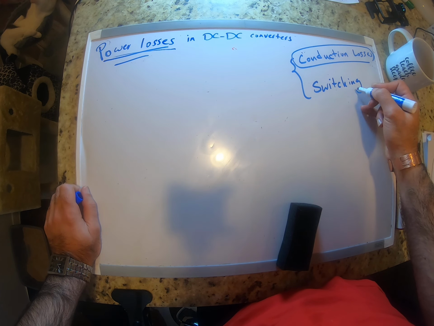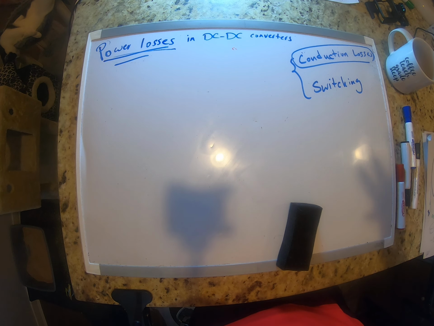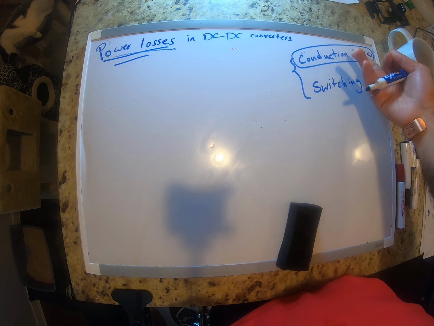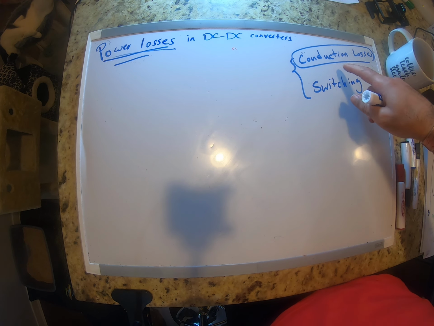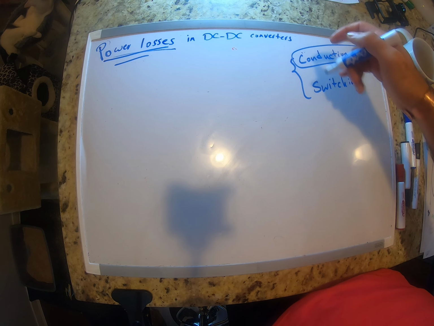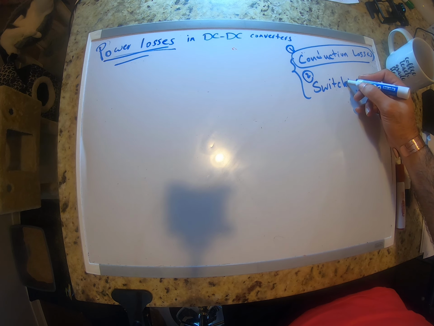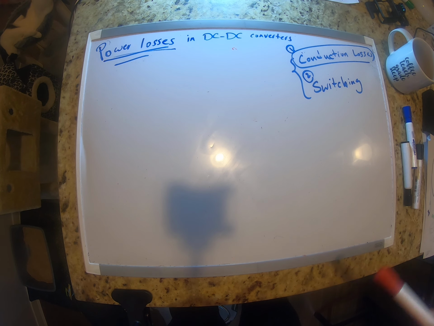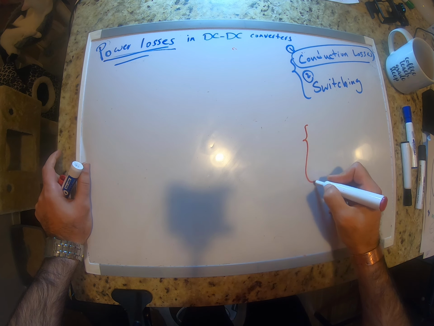But the first thing I want to talk about is conduction losses. When the current is not changing because of the switching, we still have some losses called conduction losses. So we're going to talk about this first, and then we're going to see what the switching losses are.